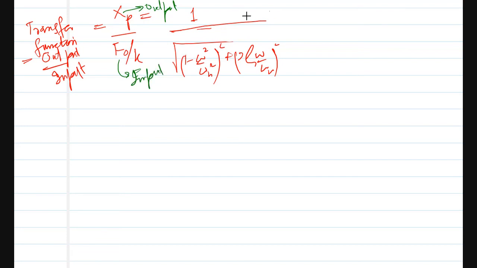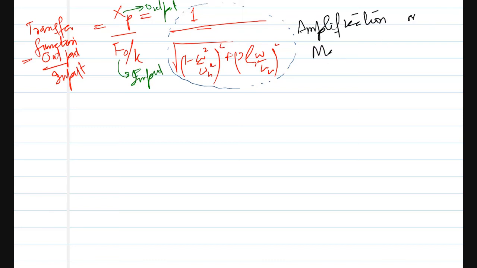And this factor is called the amplification or magnification factor. That factor will decide how your system will respond in a particular way.